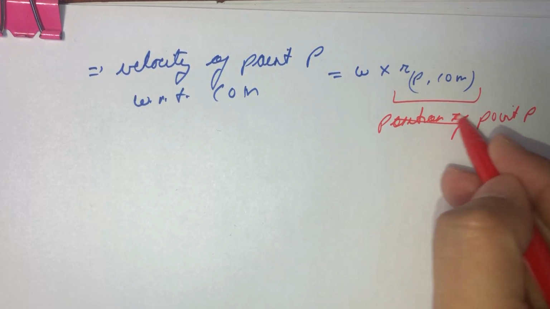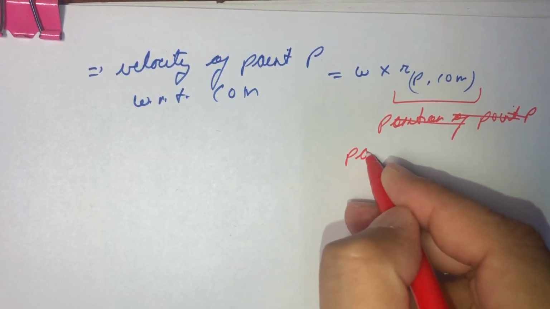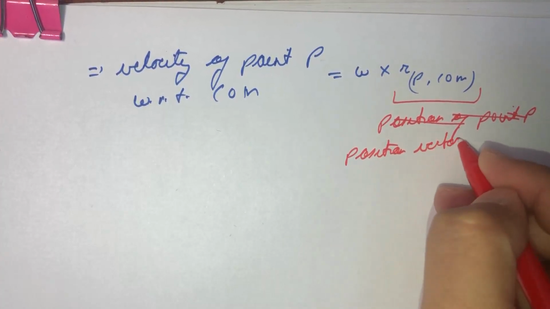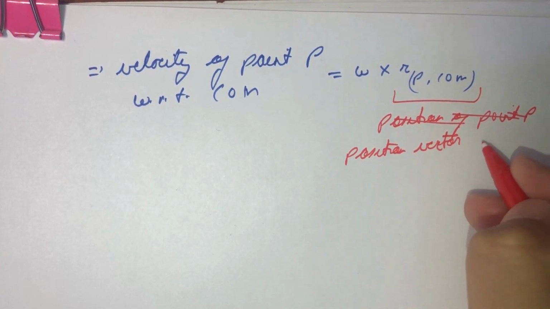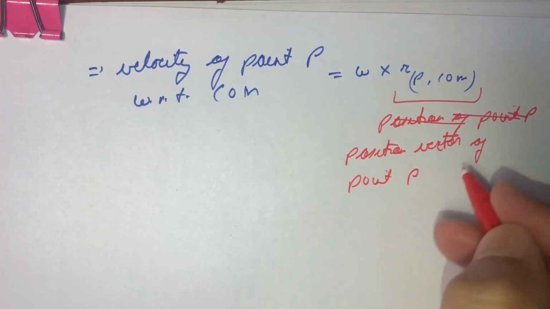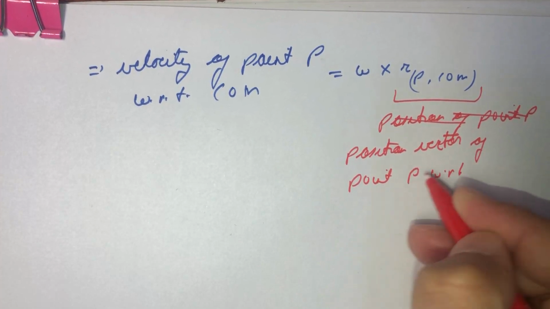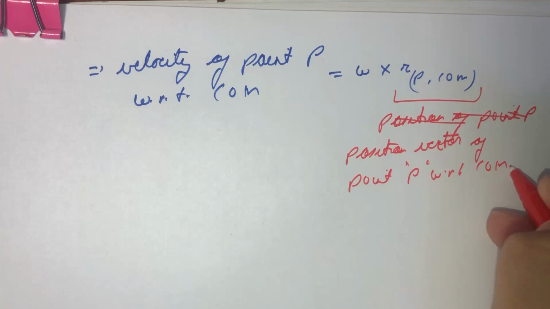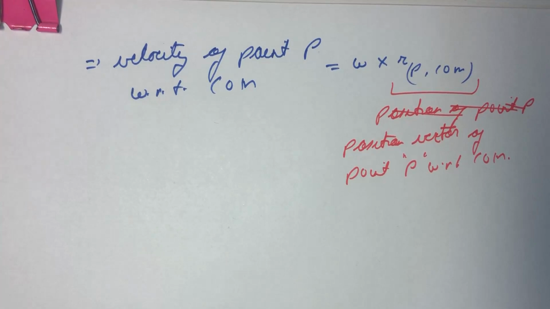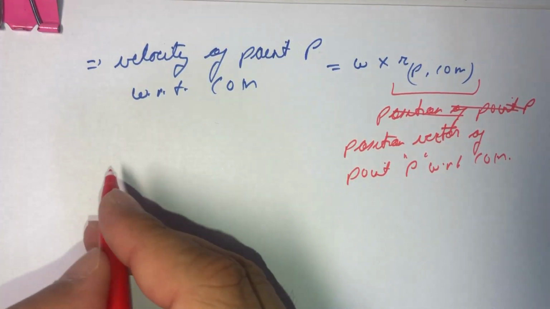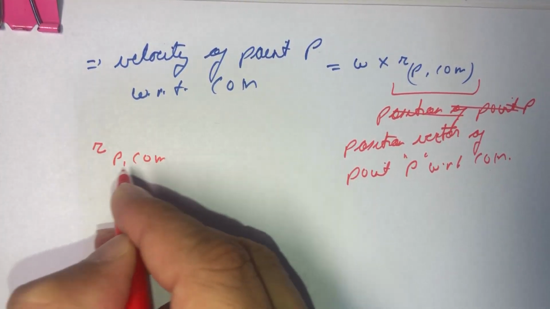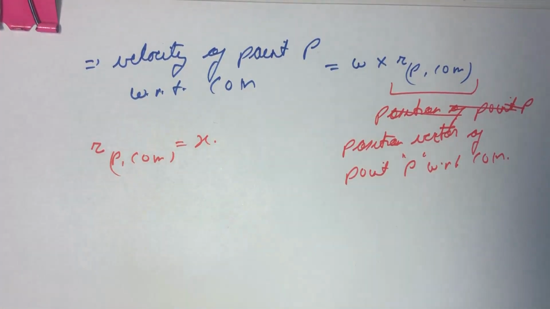We have already denoted in the figure that the position vector of point P with respect to center of mass is equal to x.